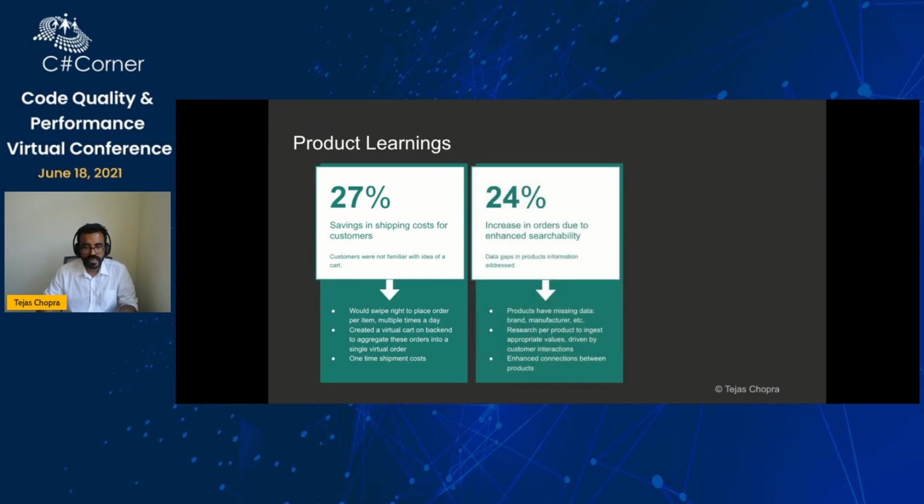Like I said, searchability and browsability to give a better user experience was one of our top priorities. And we did a lot of customer research to fill the gaps between these attributes that a product has. And per product, there were different attributes by which the customers wanted to search.